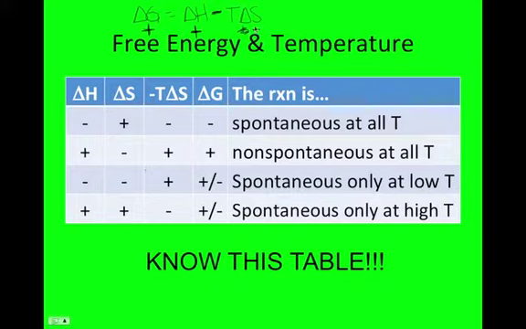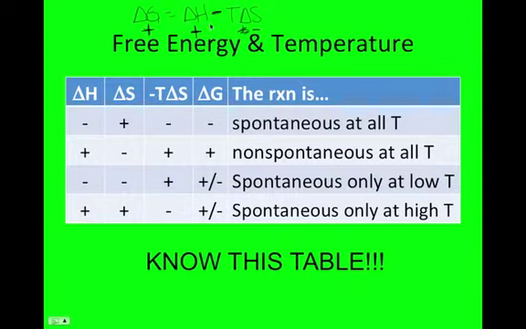It's gotten messier. If delta S is negative, then the reaction has gotten cleaner, more ordered. And there are some situations where a reaction will be spontaneous at only certain temperatures, whether low or high. And again, just look at the reaction for this.